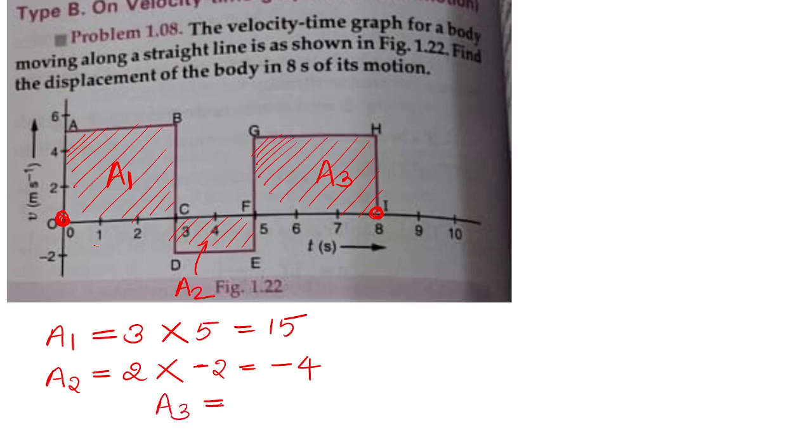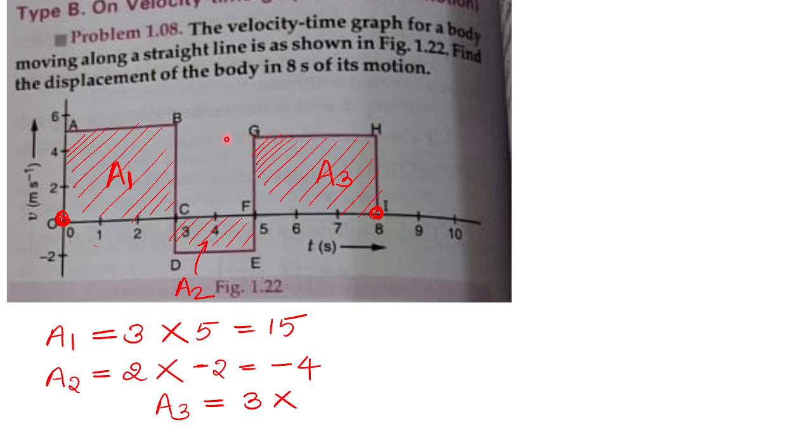A3 is a rectangle. Length is the distance between 5 and 8, which is 8 minus 5, so this length is 3. And what is the height? The diagram is not so perfect, it is approximate.